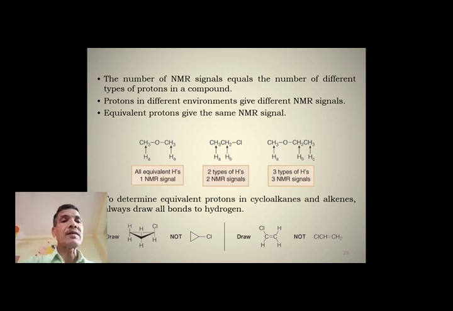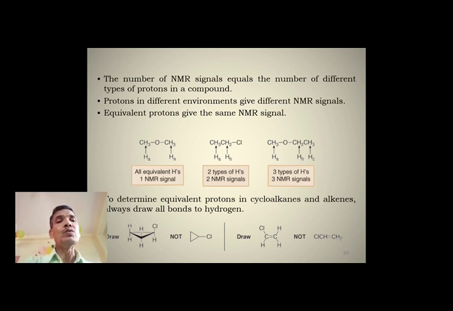See another example, that is chloroethene. In chloroethene, here Cl-CH double bond CH2. Here you observe that of the 3 hydrogen atoms, one hydrogen atom is present on carbon atom attached to chlorine, and another 2 hydrogen atoms are present on alpha carbon atom.